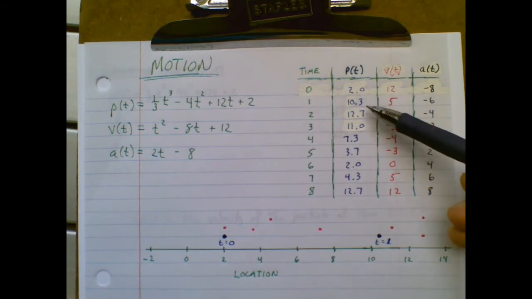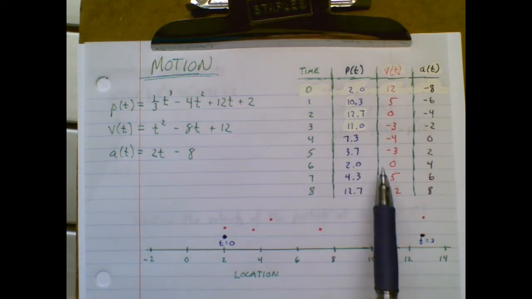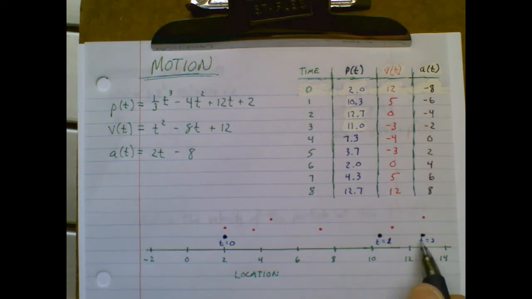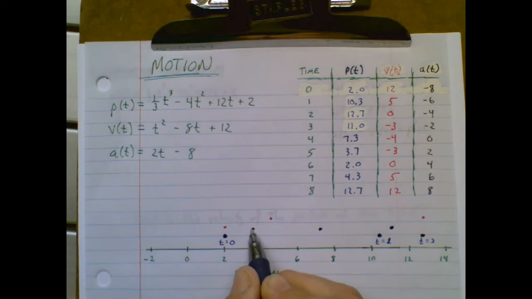And now I can just keep doing that. By the time I get to second 2, it's at 12.7. So now it's at time 2. And then I'm just going to continue to fill these out. You can see that it goes back to 11, then 7.3, 3.7.